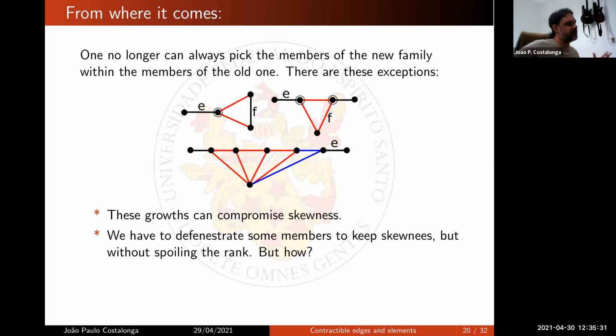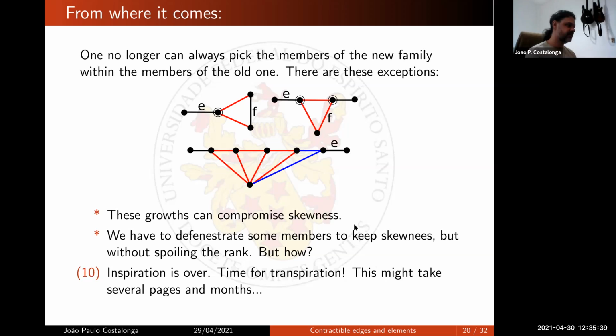You have to throw some things away because the thing's not skew, but if you throw too many things away, you don't get the desired rank. And okay, inspiration is over, time for transpiration. There's something like a 15-page proof just to deal with the difficulties. There is no clever idea for this. This is done the hard way.